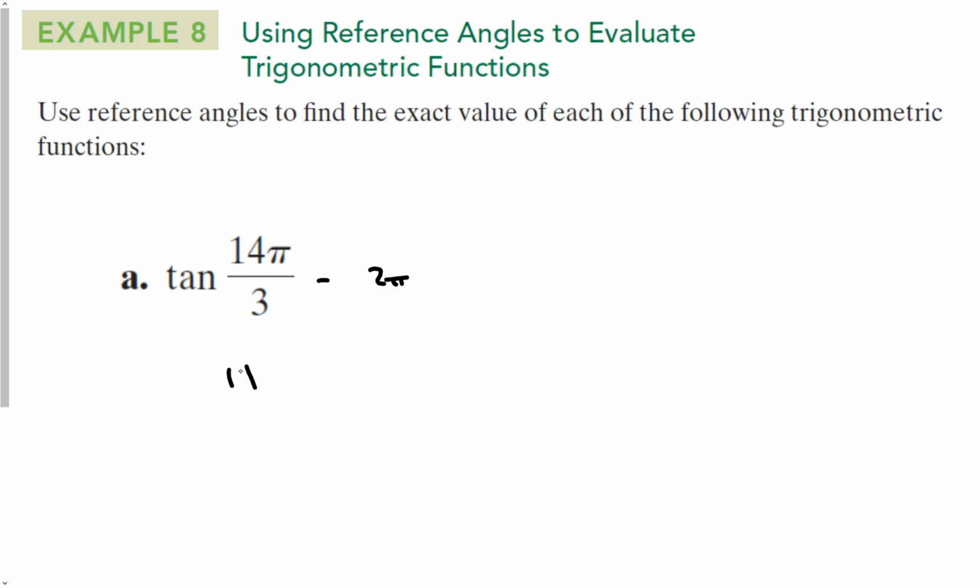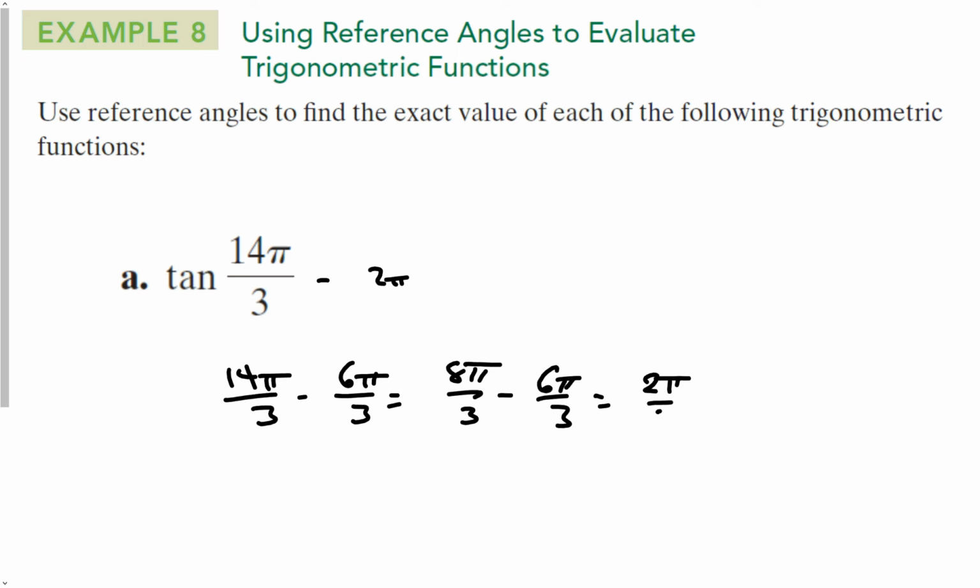So 14 pi over 3 minus 6 pi over 3 is still too big. So let's subtract 2 pi again, 6 pi over 3, which gives 2 pi over 3.